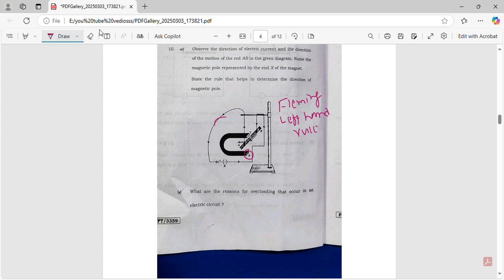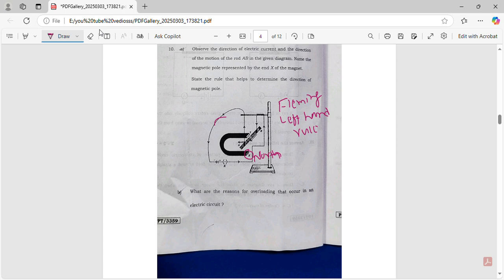They are showing us the direction of current, and the force on the conductor. If you apply Fleming's left hand rule, then this X is a North Pole of the magnet.